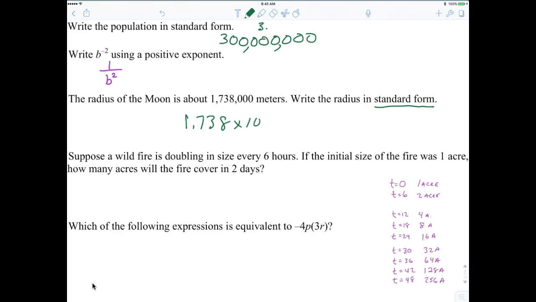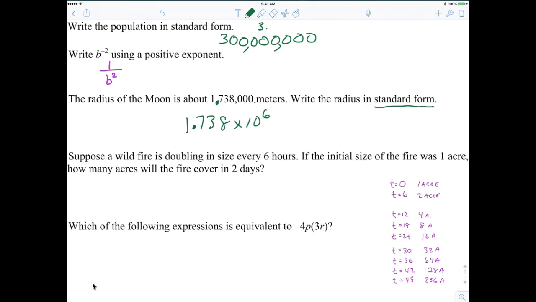Good. Times 10 to the what? Now remember, look here. Yes, there you go. Remember that now. Again, I always try to tell you, make yourself notes when you make a mistake so you know which ones to look over. That's what we should be doing.